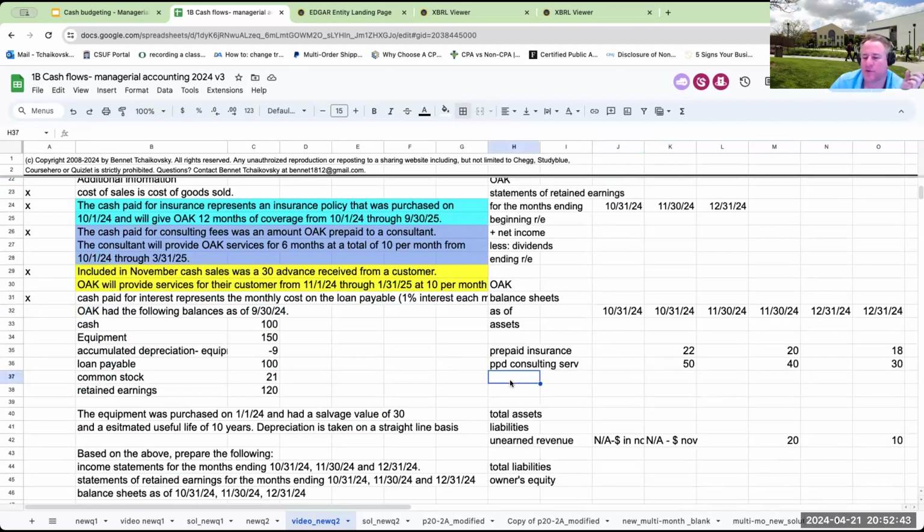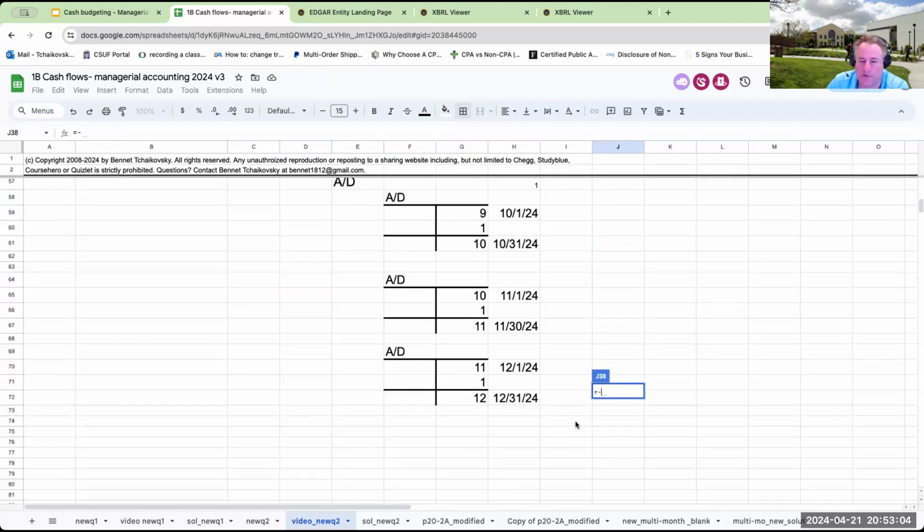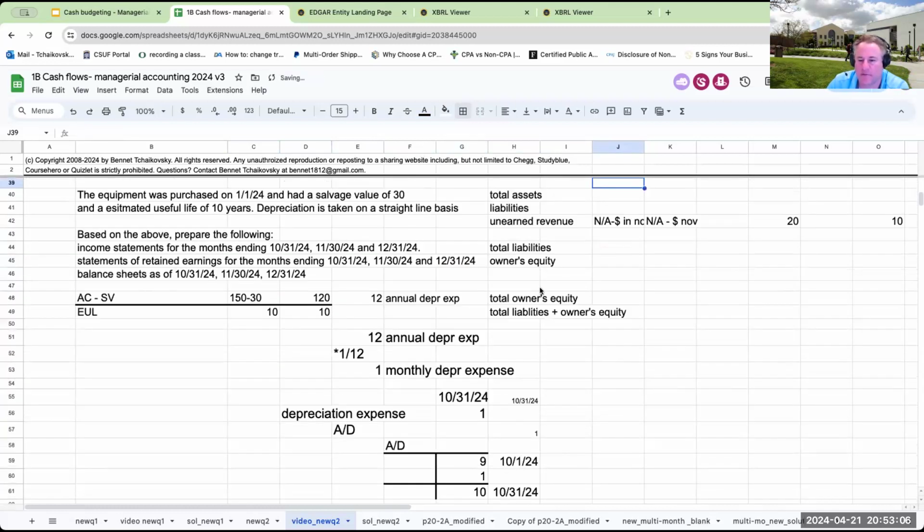And so let's also talk about the balance sheet and where this shows up. For my equipment, I always show the equipment at the acquisition cost, or in this case, 150, less accumulated depreciation on the equipment. The accumulated depreciation balance as of October 31st was 10.